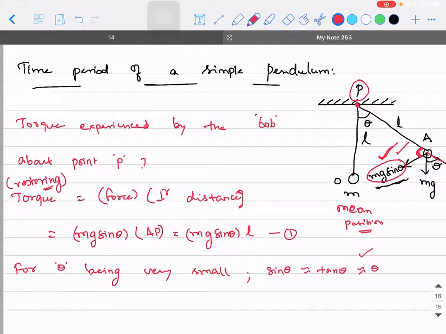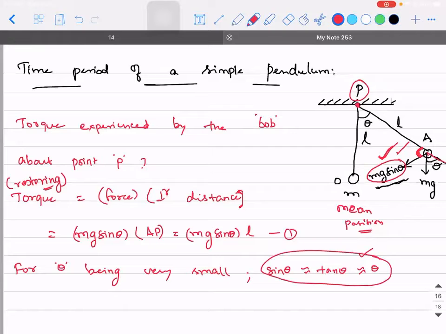This comes from the idea of limits. Whenever theta is very small, sine theta and tan theta are almost equal, because sine 0 is 0 and tan 0 is 0. Sine 0.0001 radian will be approximately equal to 0.0001 radian only. It is that small a value. So whenever theta is small, sine theta is approximated to tan theta, which is approximated to theta.